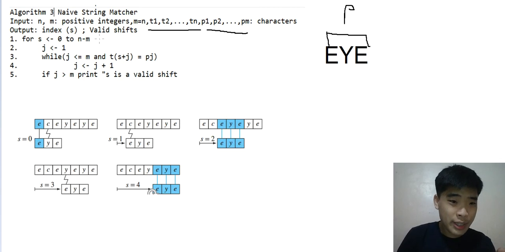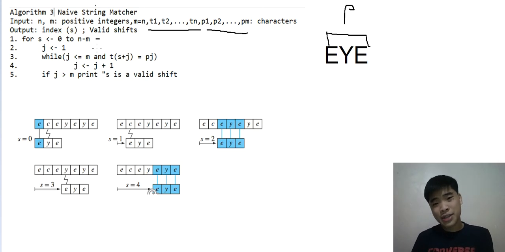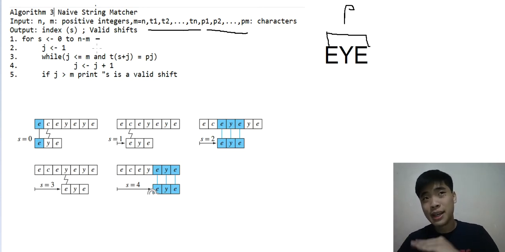So the first loop is from S equals 0 to n minus m. N is the largest index on the word we are using to find the pattern. Why minus m? Because m is the largest index on the pattern we are looking for.